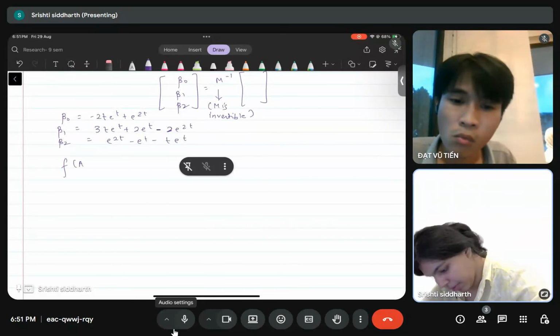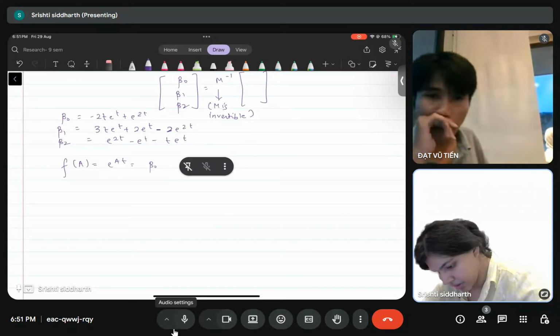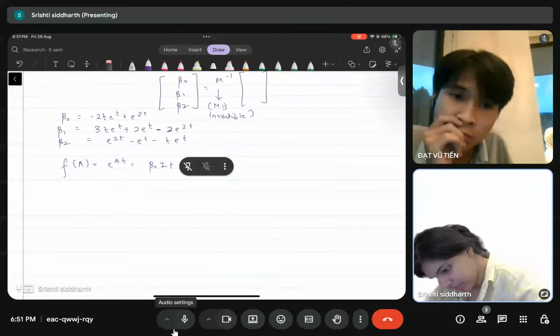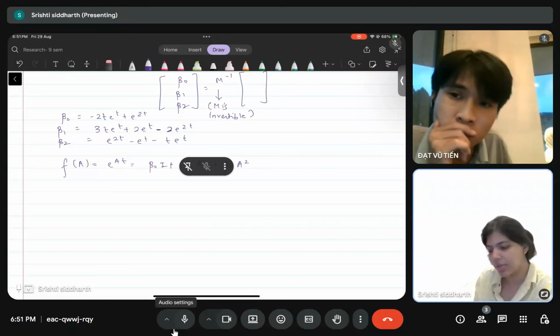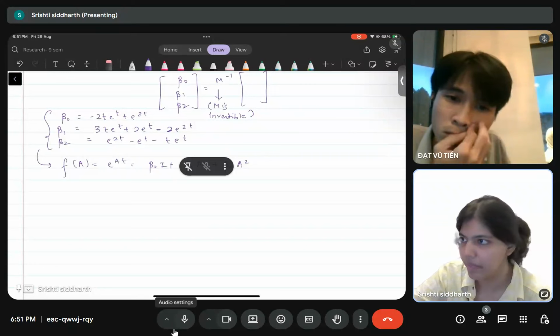So then we have f of A, which is e to the power At. This becomes beta 0 I plus beta 1 A plus beta 2 A squared. You can substitute these in here and find out what e to the power At is.